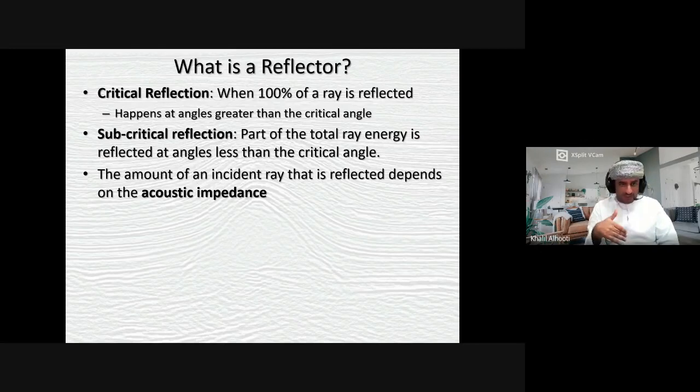However, if the angle of incidence is lower than the critical angle, most of the energy is going to be transmitted to the deeper layers. And what also controls this, apart from the angle, is acoustic impedance. And the acoustic impedance is simply density times velocity, the density of the rock times the velocity.